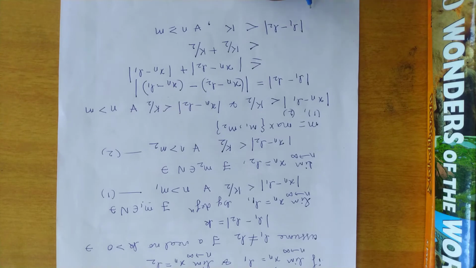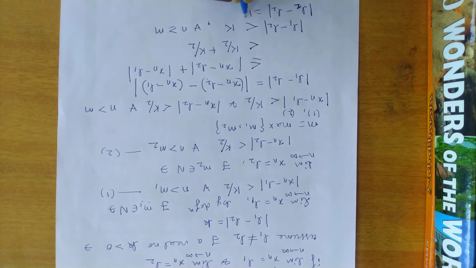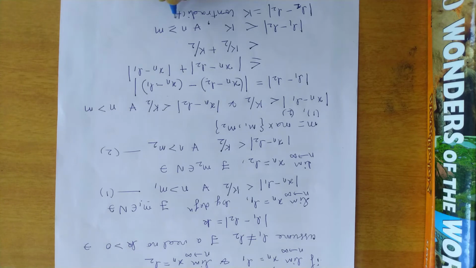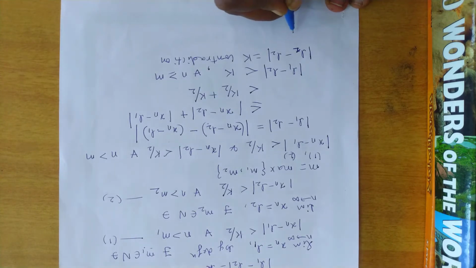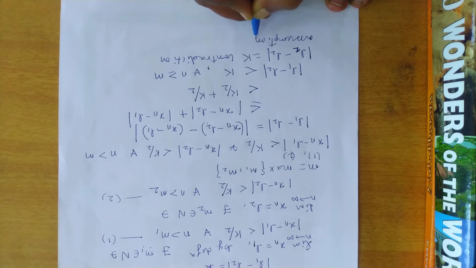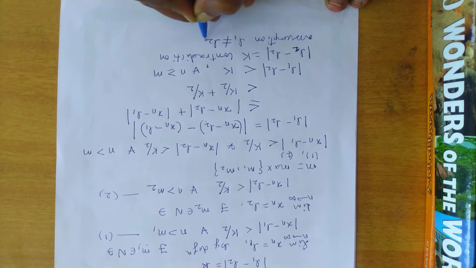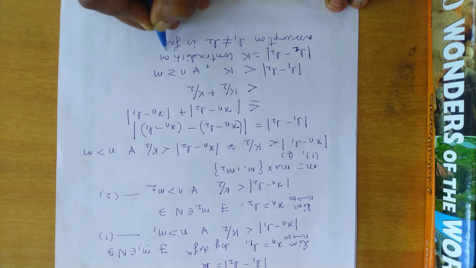But what is happening? It's contradicting the fact that whatever we have considered, modulus of L1 minus L2 is equal to k. It's a contradiction. Hence, the assumption whatever we considered is itself false. That is, the assumption L1 is not equal to L2 is false.